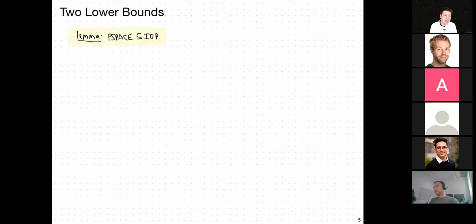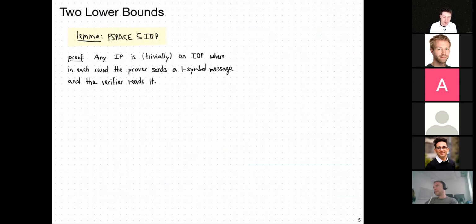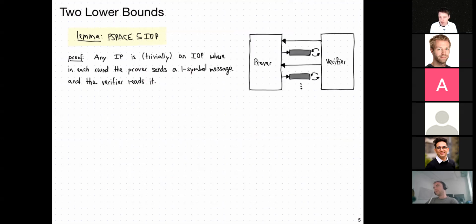First, there's an easy one, right? Whatever the complexity class IOP is, it's at least PSPACE. Because any interactive proof is trivially an IOP where in each round the prover sends a one symbol message and the verifier reads it, right? So it's as if the prover sends this one symbol oracle, and the verifier reads that symbol.